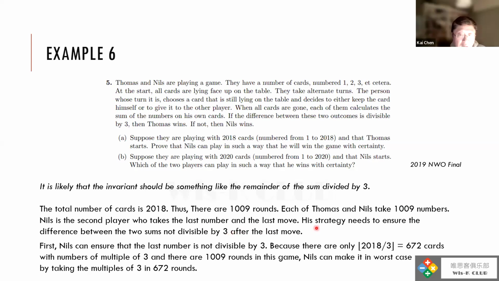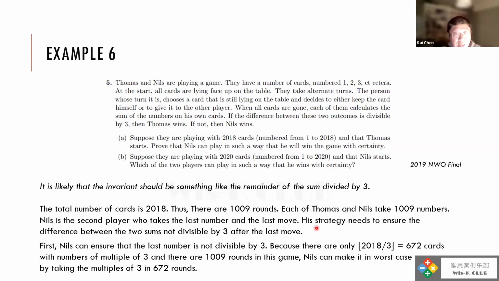But if the last card is a multiple of 3, giving it to Thomas or keeping it makes no difference. That is what Niels should avoid, otherwise he has nothing to do in the last round because the outcome has been determined already.